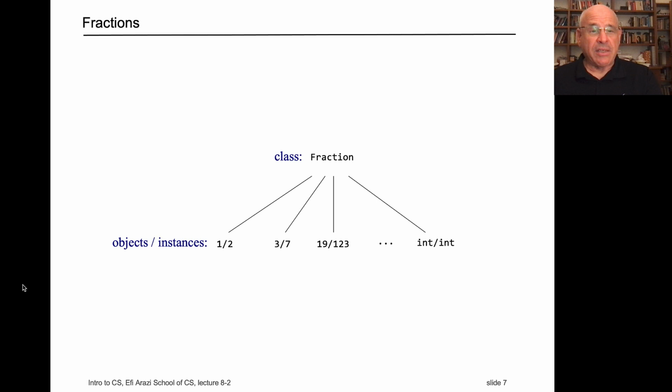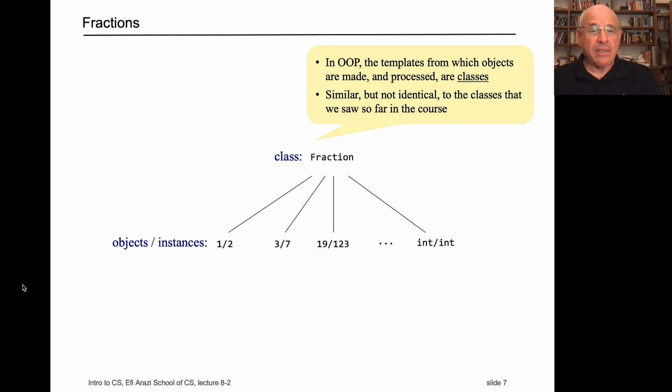Now, in object-oriented programming, we call the template from which we generate these objects a class, and the objects themselves are called objects or instances of the class. And an instance in Hebrew is מופע, which is a very nice word in Hebrew. And an object in Hebrew is עצם.